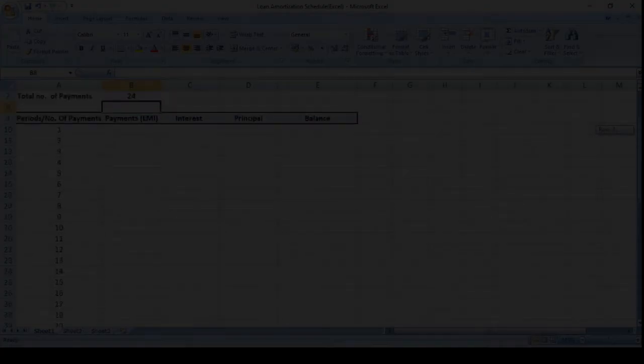Now in the first column I have taken the periods or the payments, or you can call them months. As you can see, there are 24 payments, or 24 periods, or 24 months.